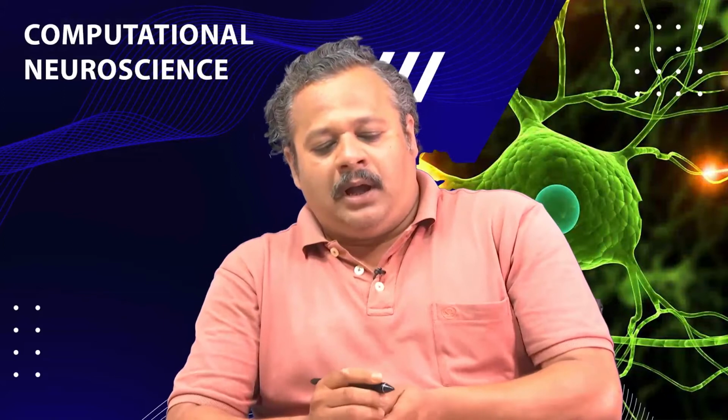Now, among other things, some of the important things that Hodgkin-Huxley equations allowed us to show, as mentioned last time, is anode break excitation, or we will call it in short ABE.